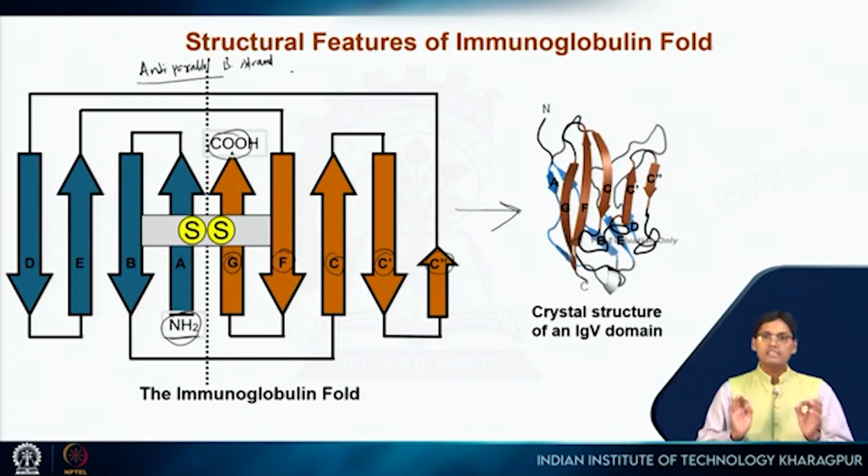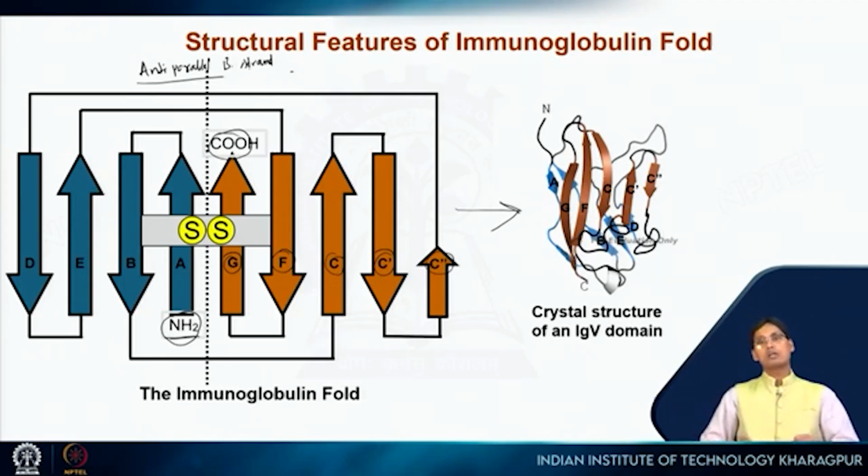When we make a sandwich, for example, two breads, we put them like this. So that's a beta sandwich topology. And inside we have multiple hydrophobic residues that stabilize the structure. In addition to that, this conserved disulfide bond also stitches these two beta sheets together.